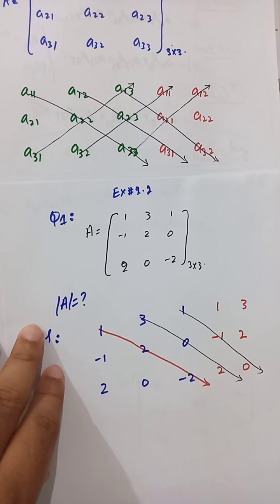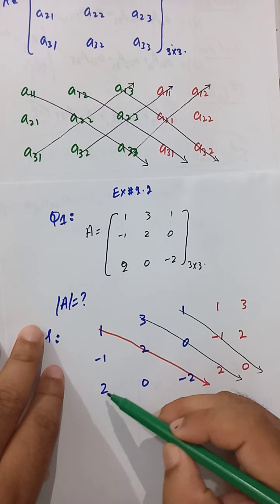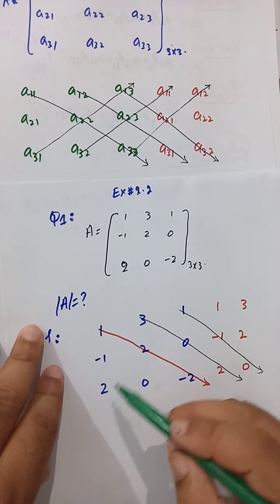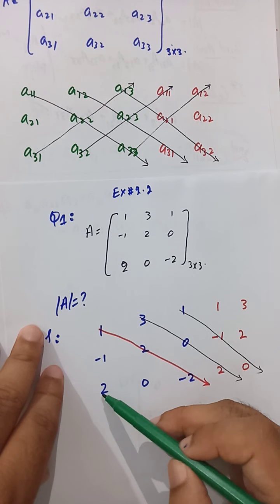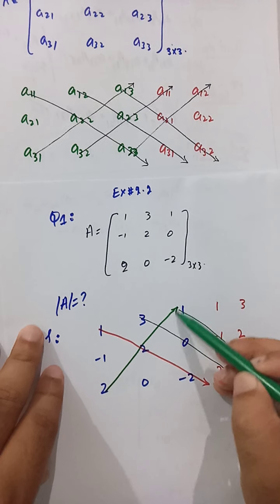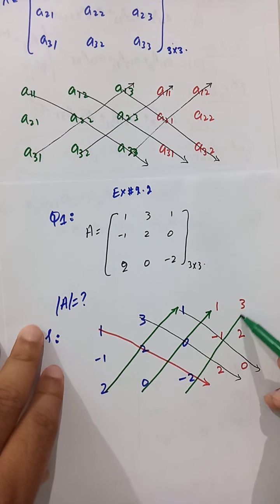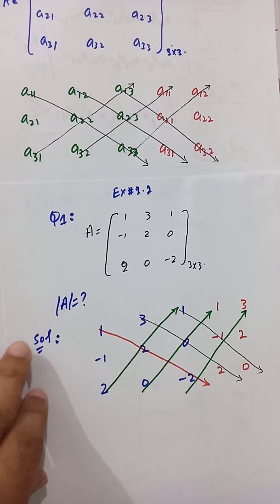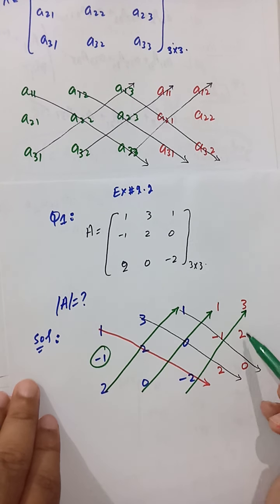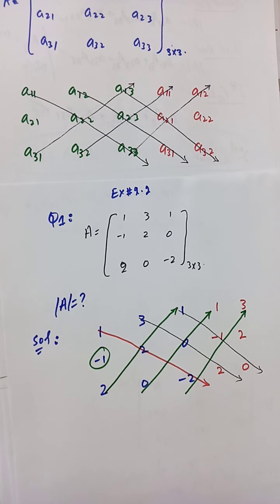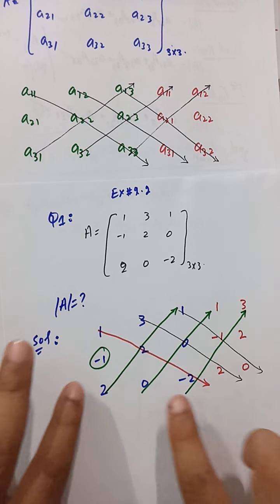This is the first arrow headed upward, the second arrow headed upward, and this is the third arrow headed upward. This minus 1 and this plus 2 will be remaining. No arrow will touch minus 1 and plus 2.